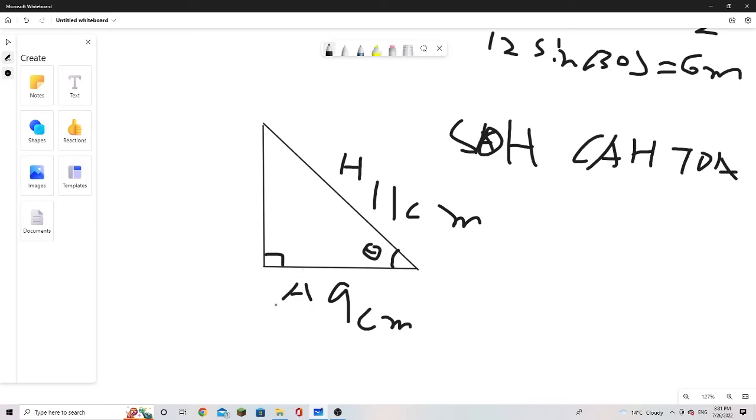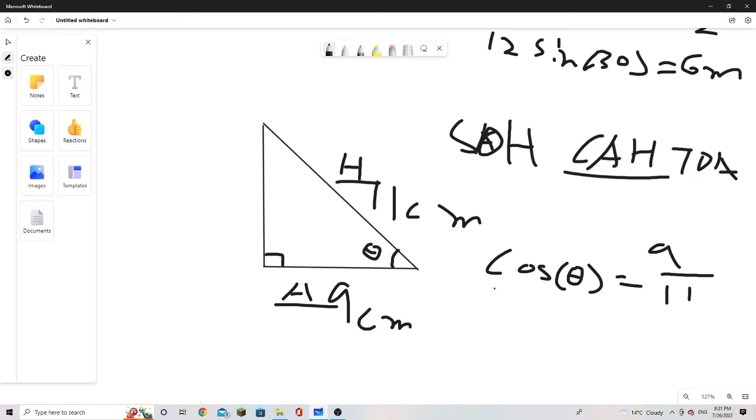What contains adjacent and hypotenuse? Cosine. So, we write cosine of theta, which is an unknown angle, equals adjacent 9 over hypotenuse 11.